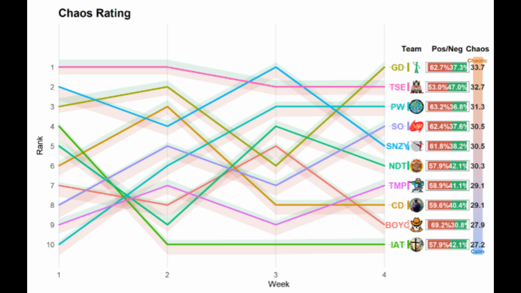So if it's a really, really high scoring week and all of the quarterbacks are scoring more than their projection, that won't make your chaos higher because your quarterback outscored his projection, because every quarterback outscored their projection.